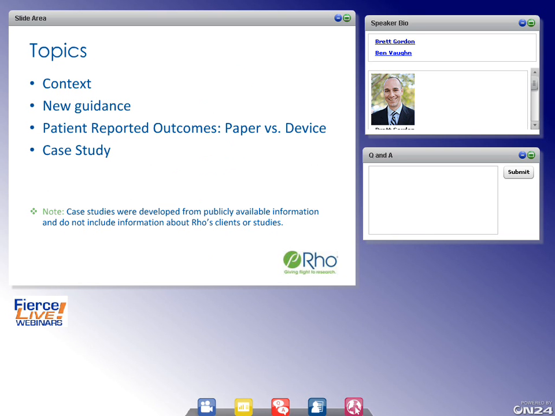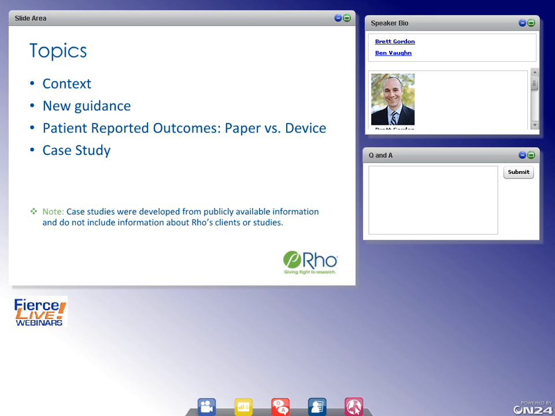Also, one thing that we've seen a lot of recently is interest in whether patient-reported outcomes should be collected on paper versus some of these new devices and technology. And finally, we're going to do a quick case study looking at a recent analgesic approval.